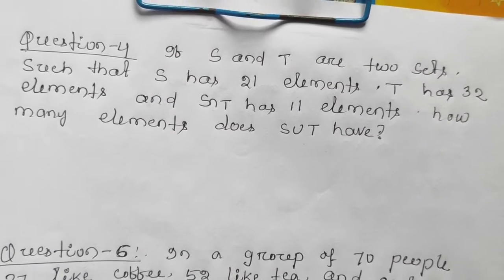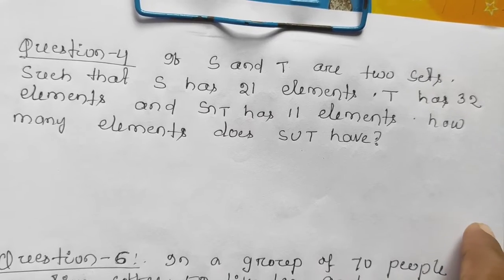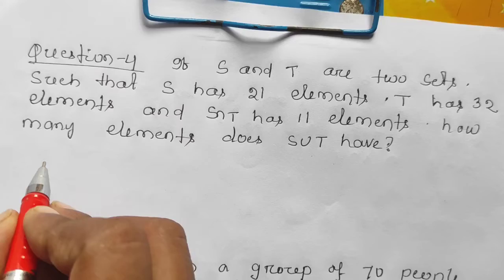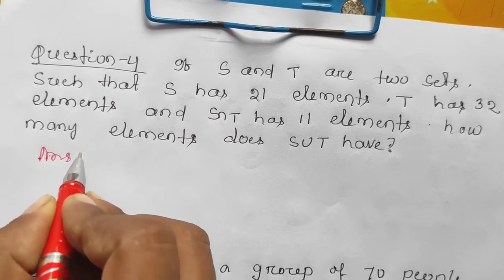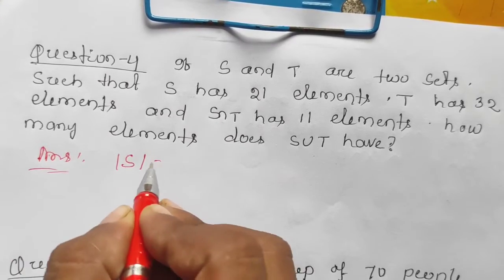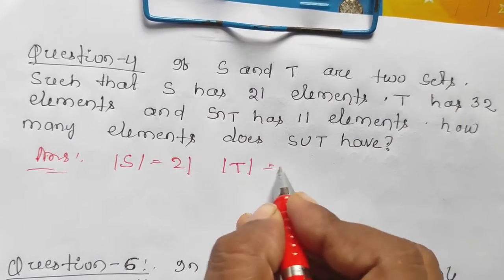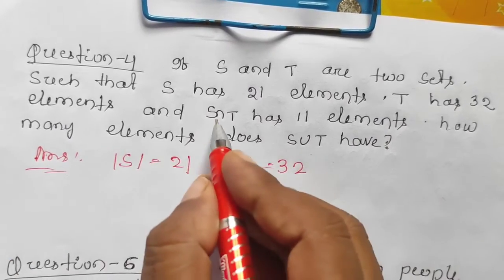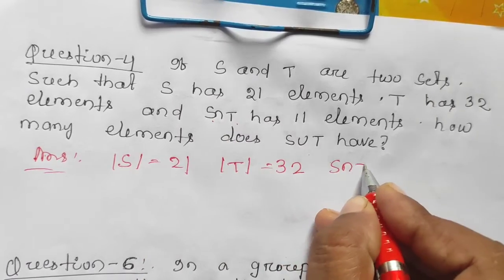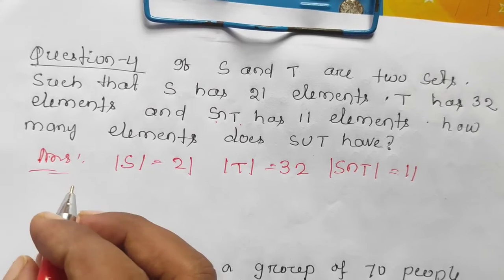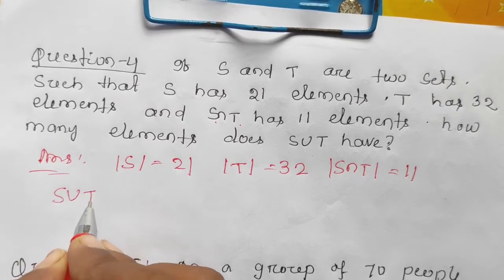If S and T are two sets, so that S has 21 elements, given that S mod is equal to 21, T has 32 elements, T mod is equal to 32, and S intersection T mod is equal to 11 elements. How many elements does S union T have?